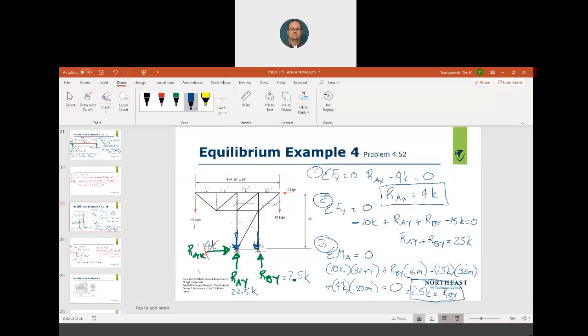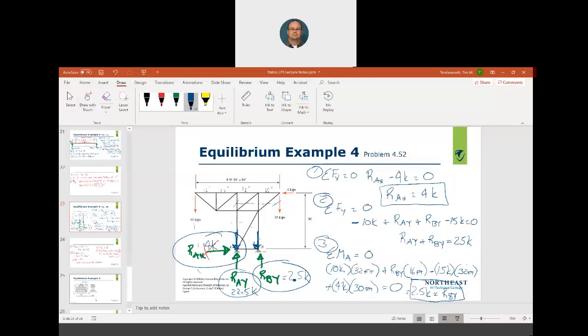These numbers right here, 2.5, 4, and the 22.5, are what I would use to do my foundation design, from the loads from the transmission line down into the ground. Okay, so that was that guy.